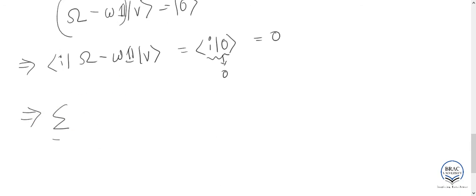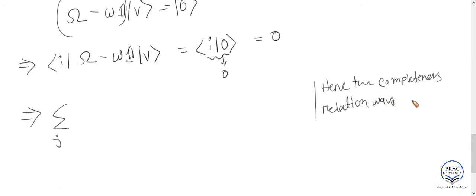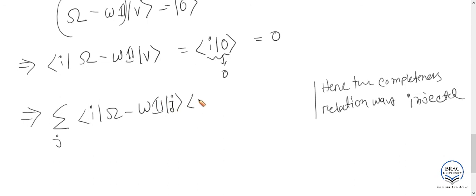And now I'm going to introduce the completeness relation. Let me write it down over here in a small manner, that here the completeness relation was injected. Let me show you how. Because I want to get components, I injected the completeness relation in this manner, that is over here.